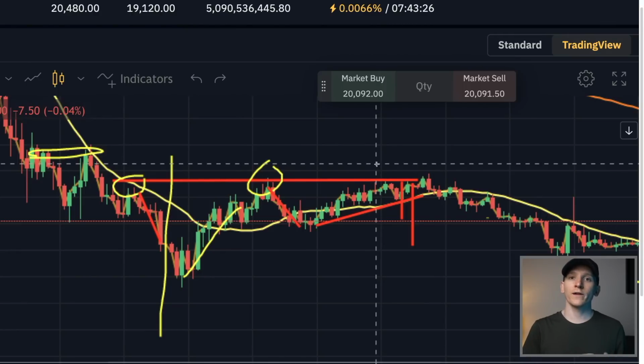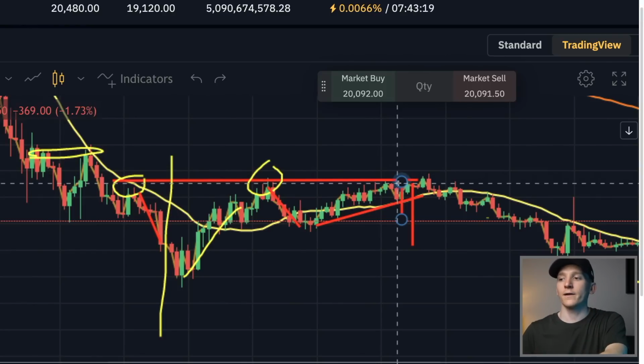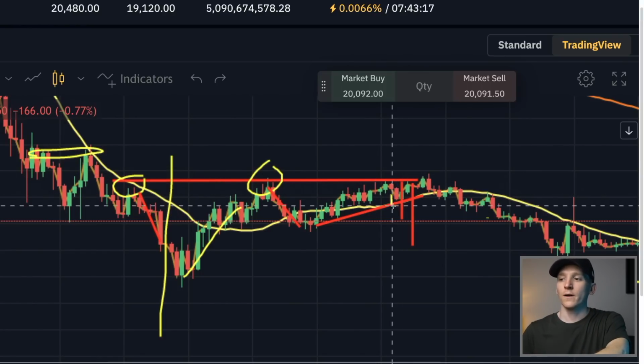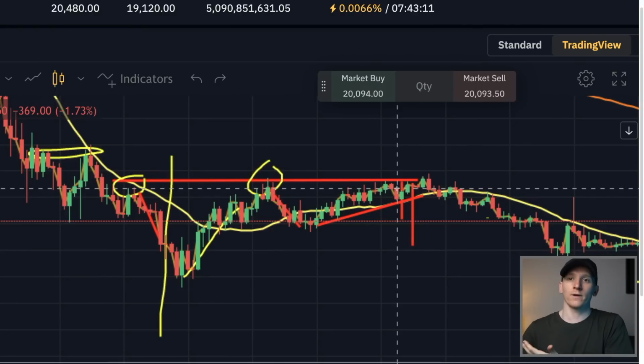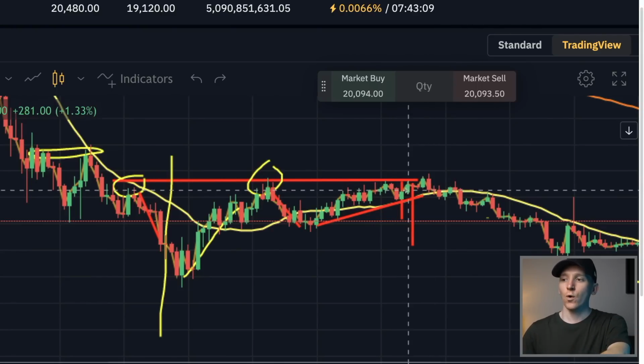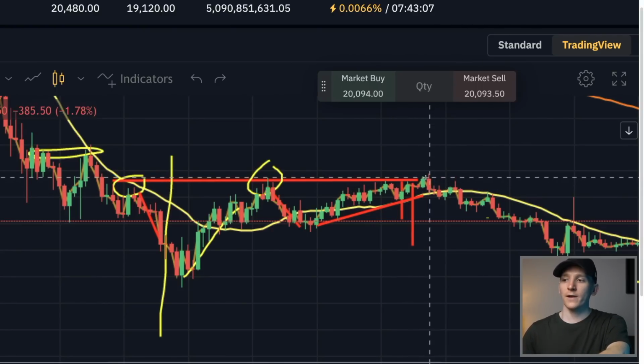Or you can wait for a specific candlestick to actually enter that trade. What I mean by that is, for example, here we saw a bearish chart pattern, right, which is essentially mostly a bearish engulfing. It's just a down candle, right? It's just a bearish candle. Or out of here, right at the very end of the chart pattern, we saw a really bearish candle, right?